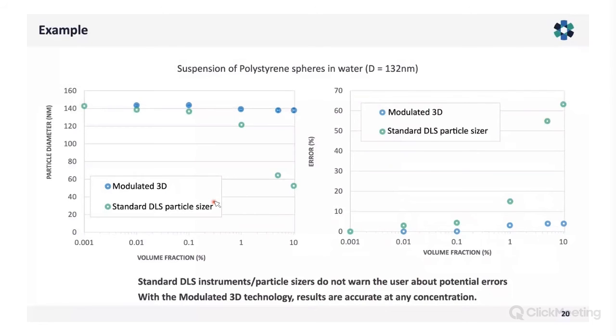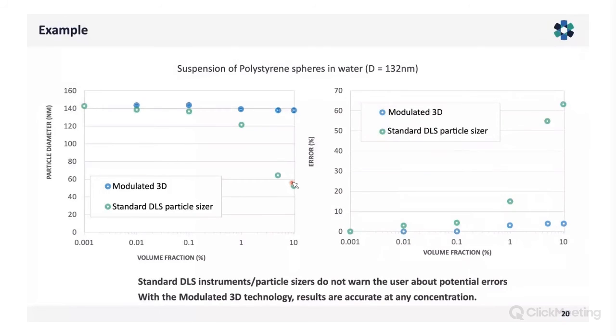Before it was compared to standard DLS using the LS Instrument goniometer. Now we also compare it to other companies' standard DLS particle sizers, and you see that a standard DLS particle sizer would just measure completely wrong results if you have a sample that has a lot of multiple scattering contributing to your signal.